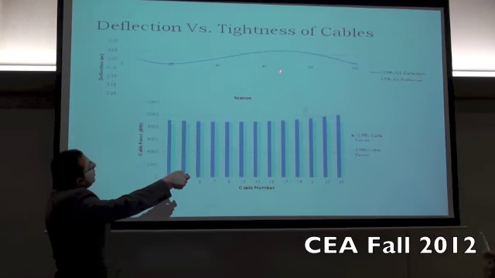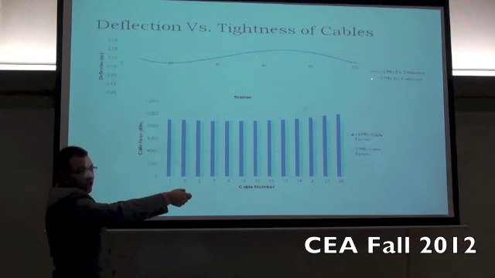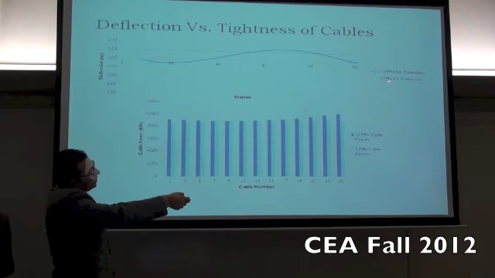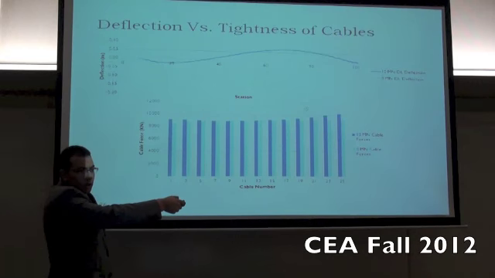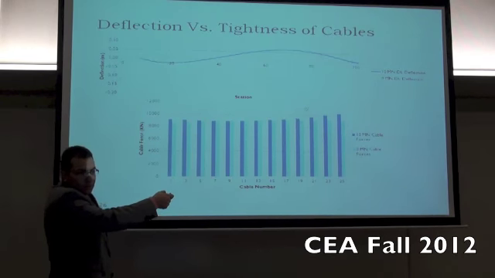This is due to the tightness of the cables. At an average of 10 meganewton in each cable, we have a 6 centimeters positive deflection. At 8 meganewton force in each cable, we have a maximum of negative 14 centimeters deflection.